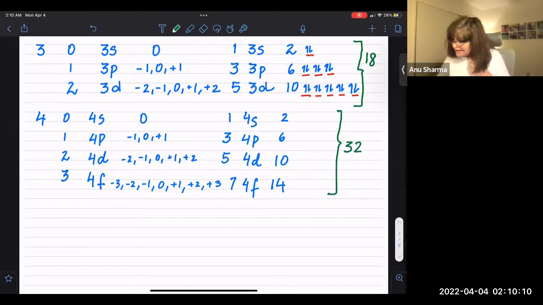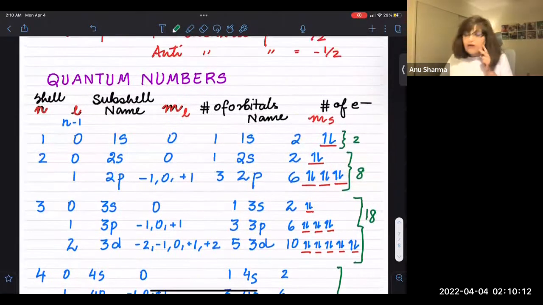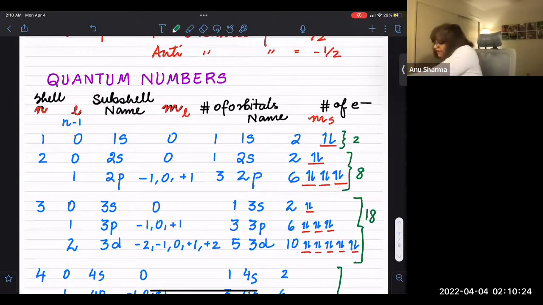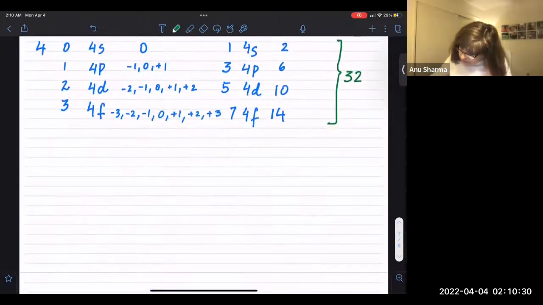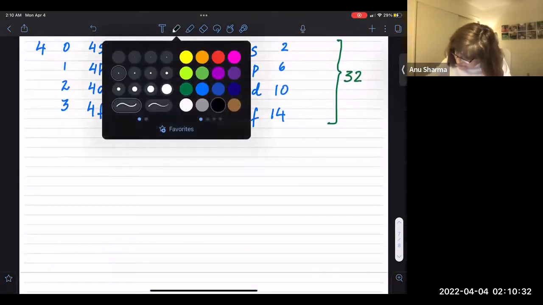Okay, so that's the deal with these quantum numbers and the actual energy levels. So now if you have a question, if you can make a chart like this the way I have done, it will be just easier. You'll have to do this anyways. So now comes the question from 6.7.